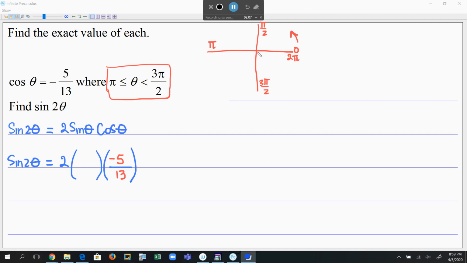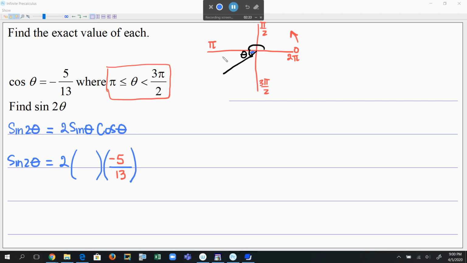Now I'm going to get our angle theta. This is our angle theta here, and I'm looking at the reference angle, only this acute angle.